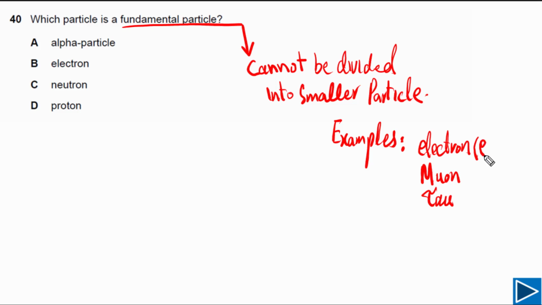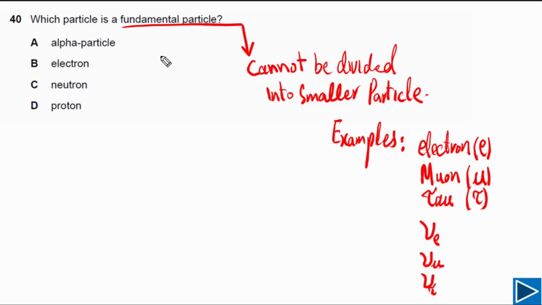For the electron we use symbol e, for muon we use symbol mu, and for tau we simply use symbol tau. Neutrinos are also fundamental particles. For example, we have the electron neutrino, which is a fundamental particle. We have the muon neutrino, also a fundamental particle. We have the tau neutrino, also a fundamental particle.